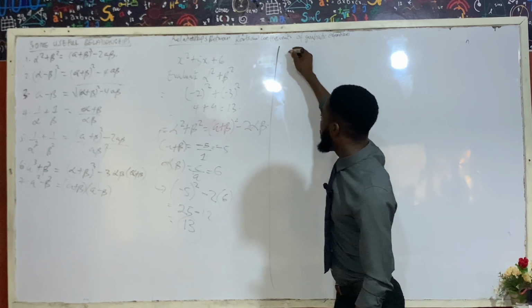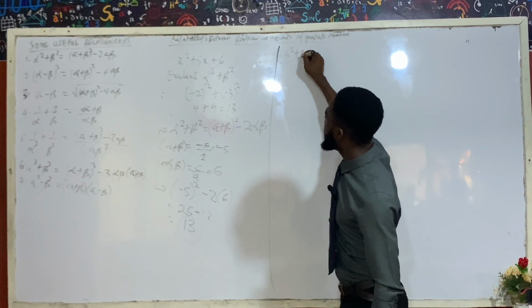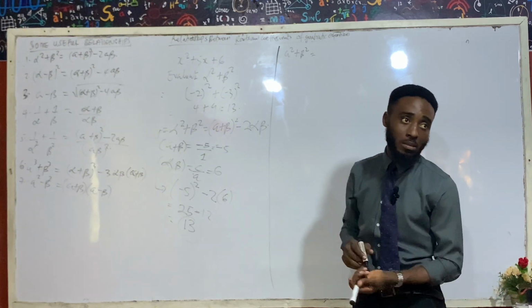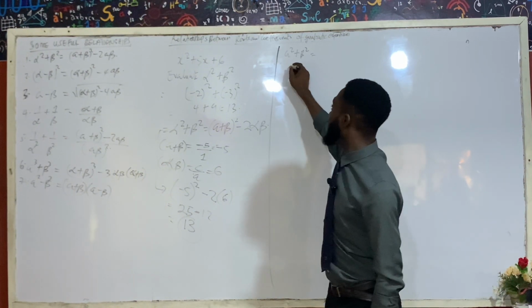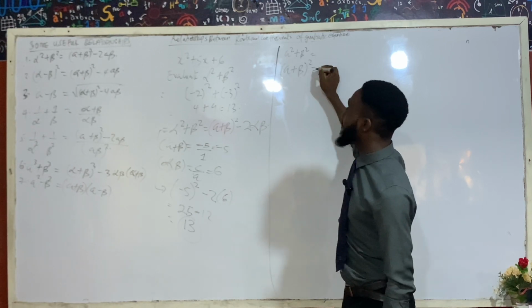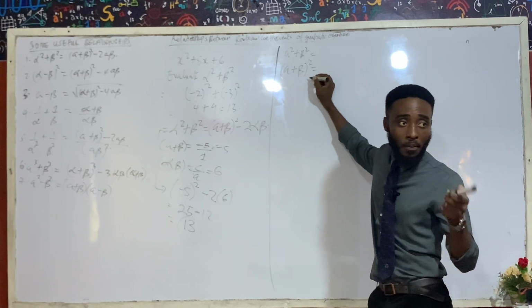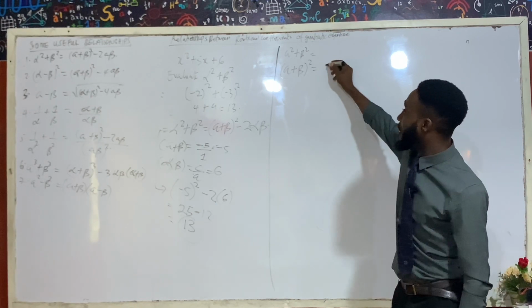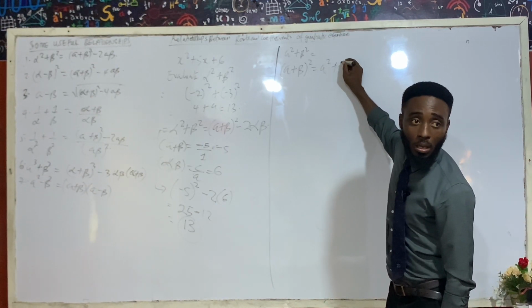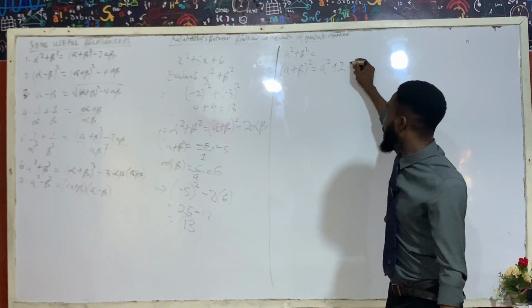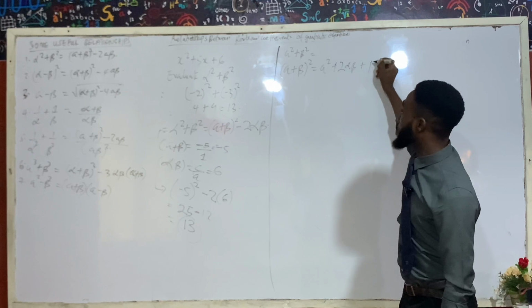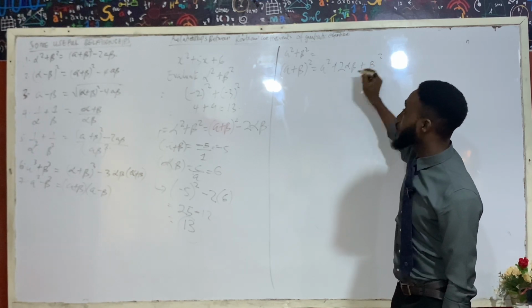We are looking for alpha squared plus beta squared. But from our concept in binomial theory, we know that alpha plus beta all squared is the same as alpha squared, or a squared, plus 2ab, or 2 alpha beta, plus b squared.